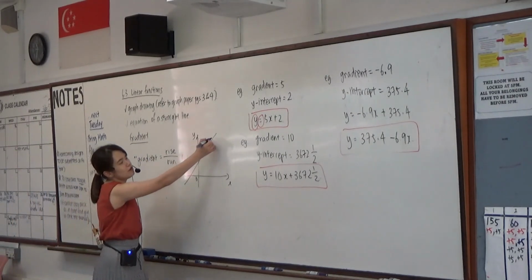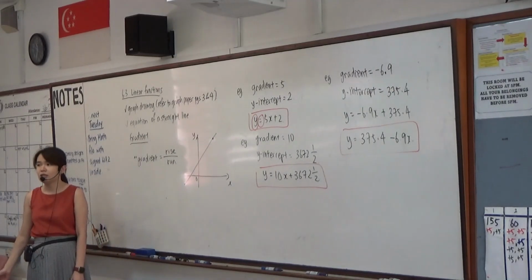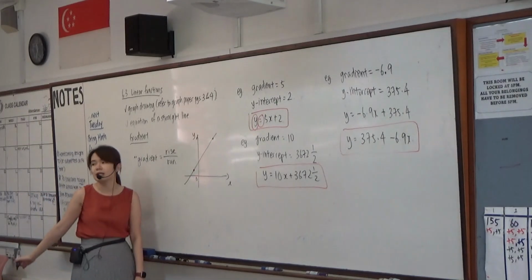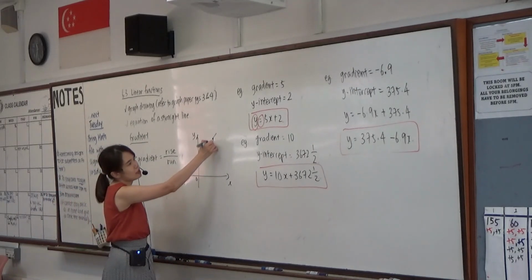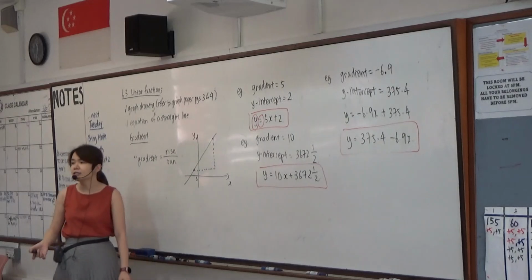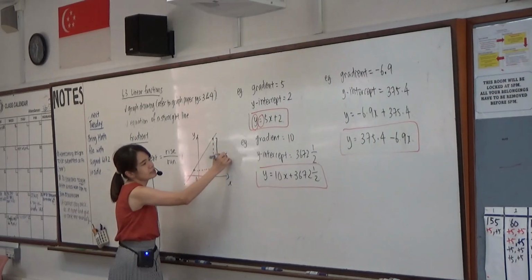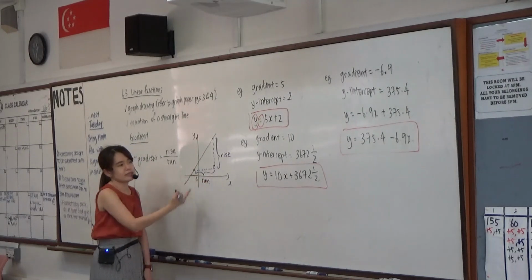I will have to find one point on the straight line that is easy to read, and another point on the straight line that will be easy to read, and make sure that I can form a right angle triangle, because our rise is determined by this and our run is determined by this.